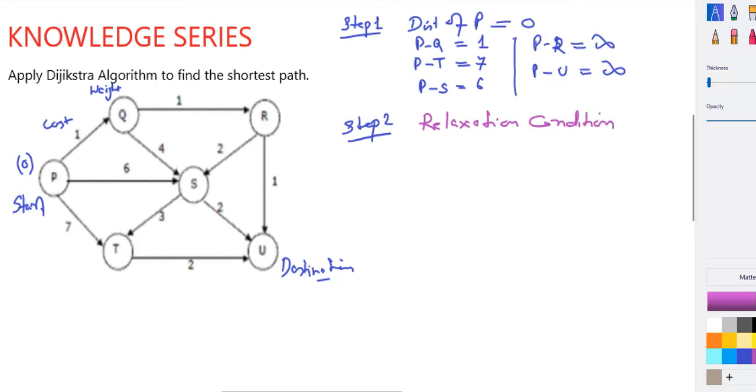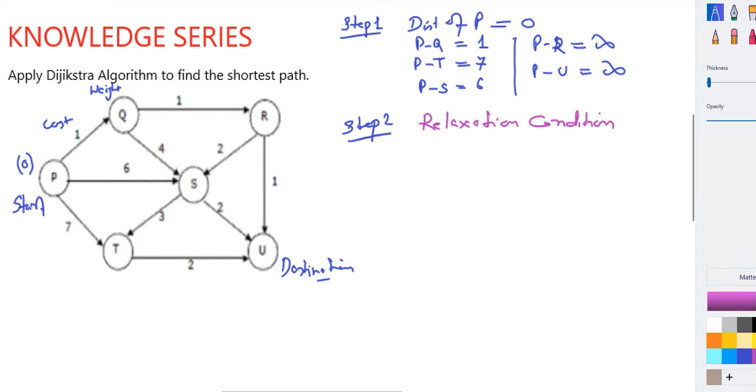If you try to recall, we have mentioned that the next node's weight will be based on the condition that if the previous node's weight plus the link cost is lesser compared to the present weight of the destination node, then it needs to be modified, otherwise it will be the same. That is what the relaxation condition is. So based on that, we will find the weights of the rest of the nodes.